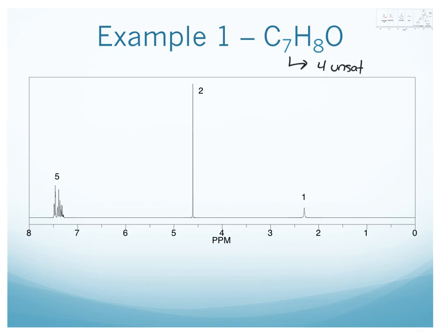Now from here, I like to typically work my spectrum from left to right. And what I like to do is go through and figure out the different regions that we have.